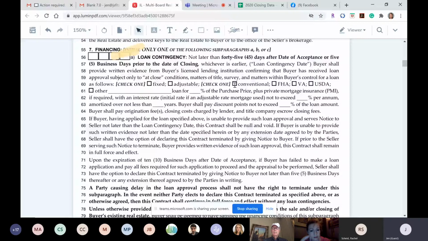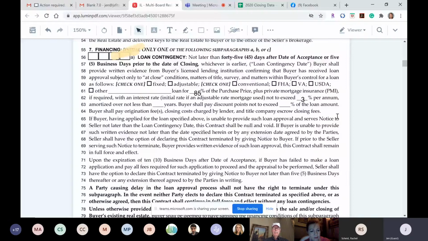So if they know they need to borrow 85% of the purchase sales price, you can put that there, right? And that way, if for some reason they don't qualify for an 85% loan at 3%, they can get out of this contract.